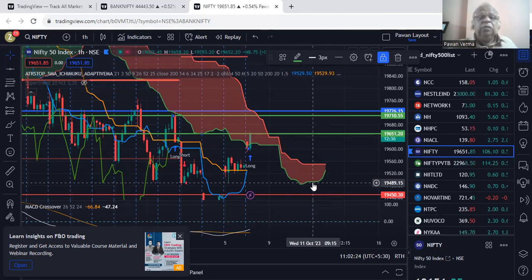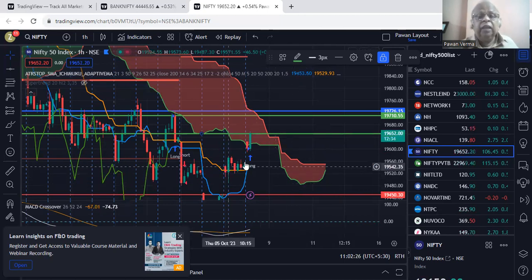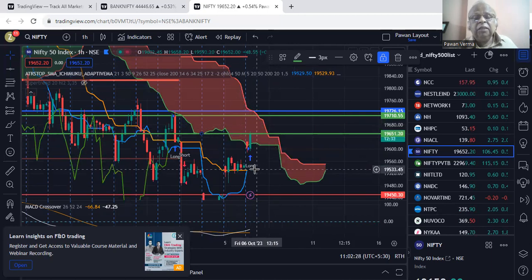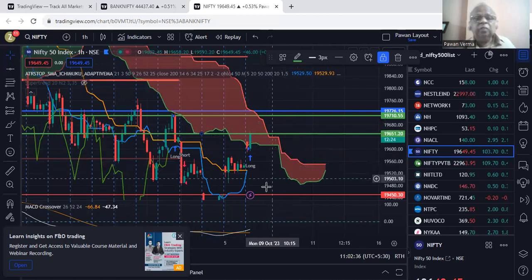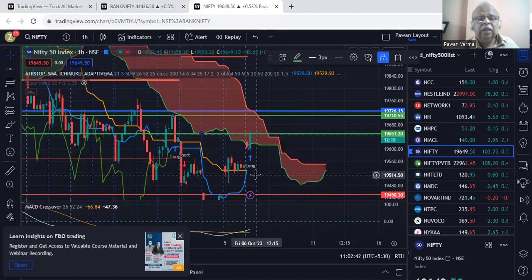So what should be the target right now? When the confirmation comes from the crossover, we will get this one also, 19,710. Assume that we see the crossover in this particular candle.